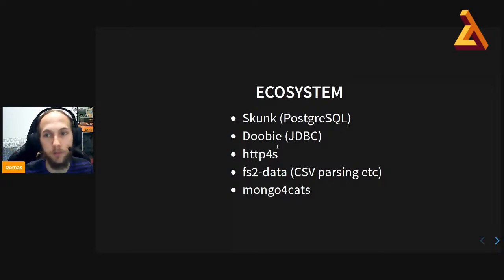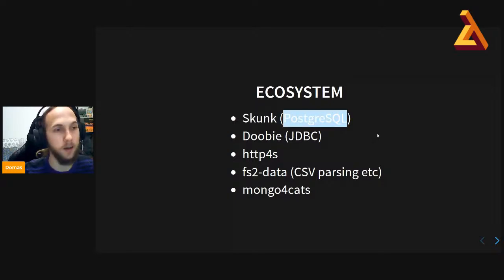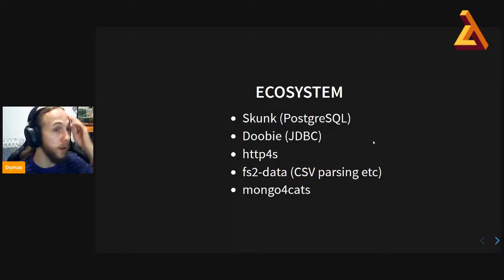So, for example, you have Skunk, which is a library that allows PostgreSQL access that's built not on JDBC, which is quite interesting because, as I said, since recently, FS2 I/O also builds for Scala.js, specifically for node environment.